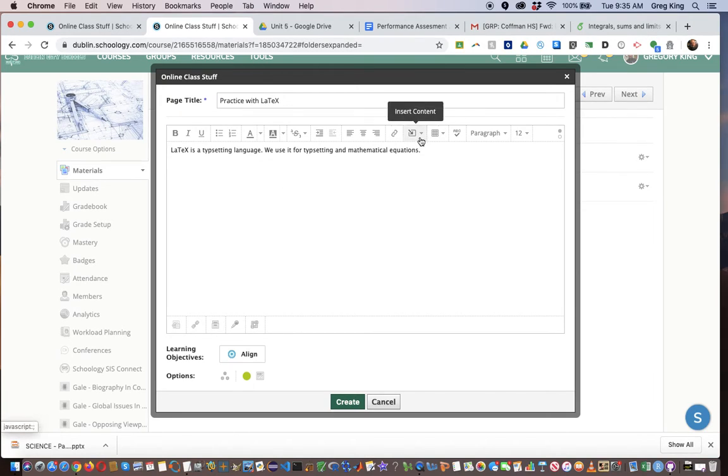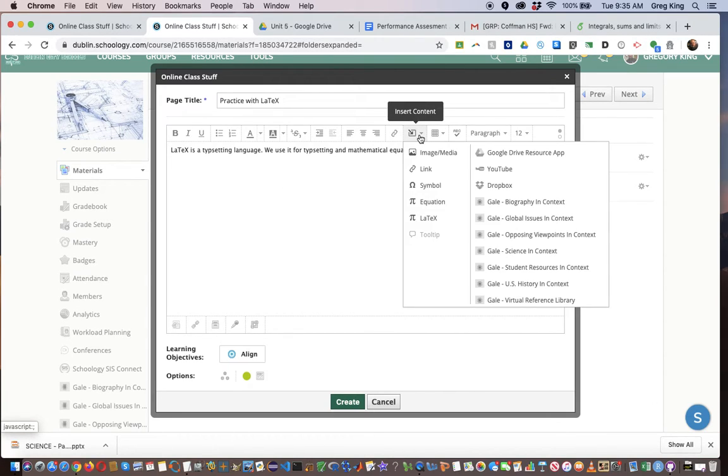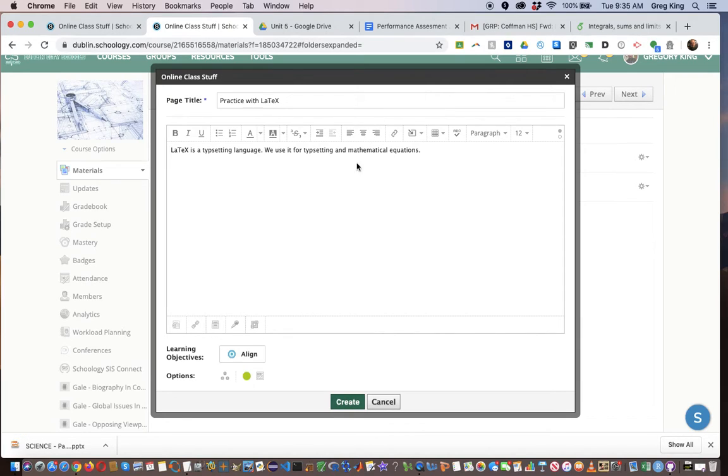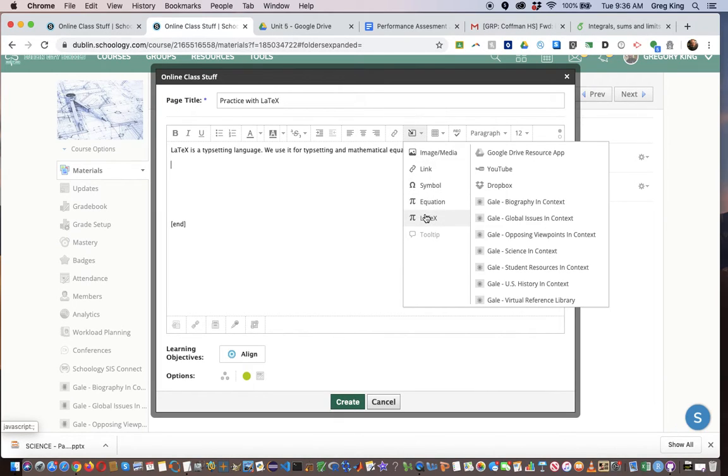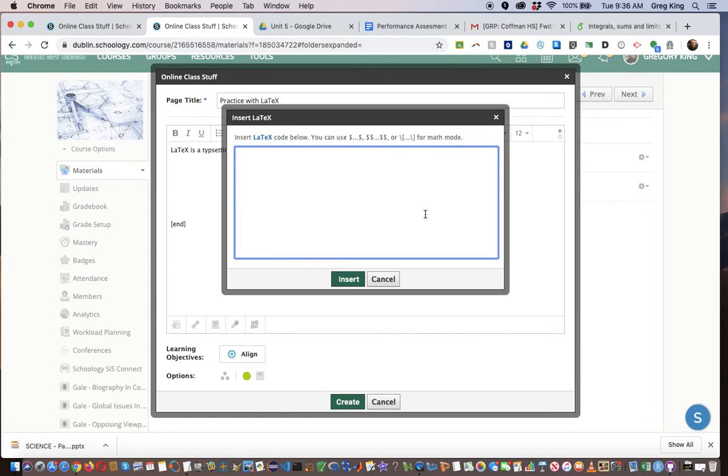So there is an insert content thing over here. I'm going to go down here and put an end in just so I have direct access to the text after the LaTeX equation here. So let's go insert LaTeX.